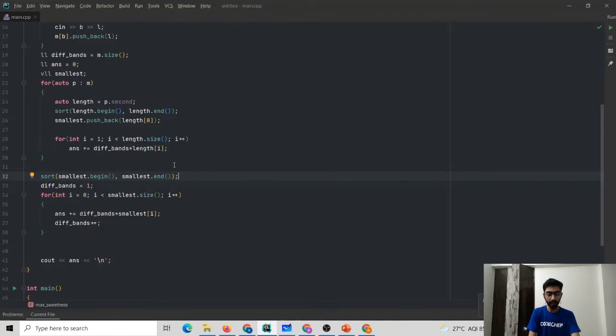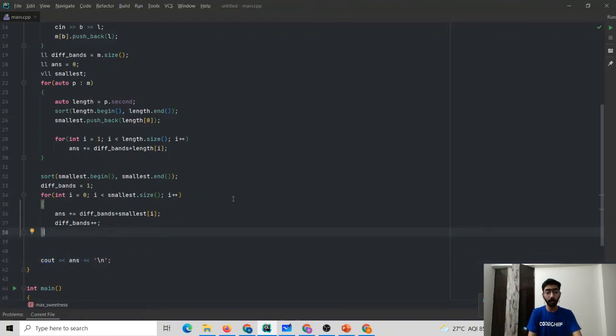Then I iterate through the entire array smallest, and for each song, the total number of bands created before this is equal to different bands, and I multiply it with the length of this song. After the iteration is over, the variable answer holds the contribution of all the songs. So at last I can print the answer.